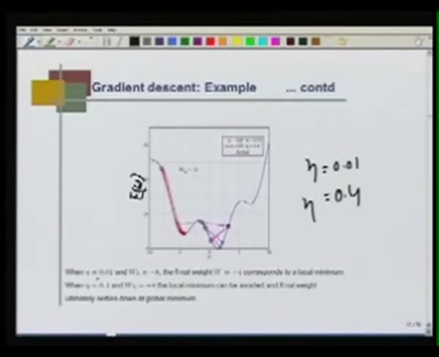When eta is 0.01 and W naught is minus 8, the final weight W equal to minus 4 corresponds to a local minimum. When eta equal to 0.4 and W naught is minus 8, the local minimum can be avoided, and the final weight ultimately settles down at the global minimum. But this is a simple function, and because it is simple, we are able to show that by changing eta intelligently we can reach it.